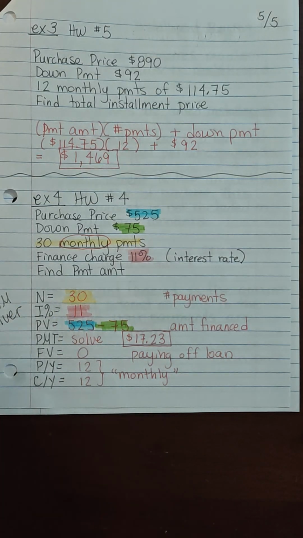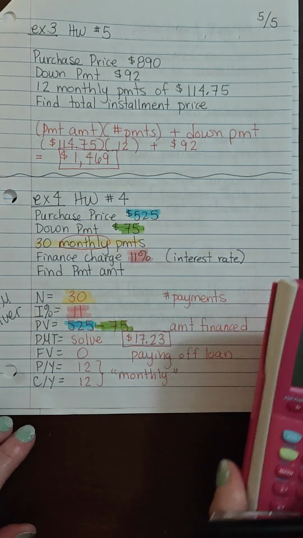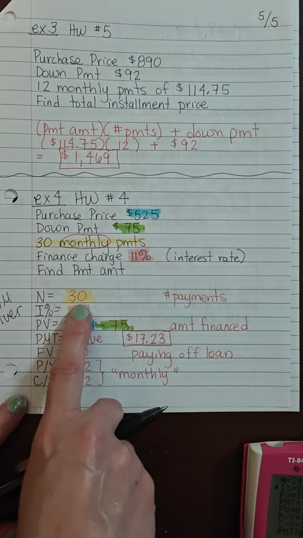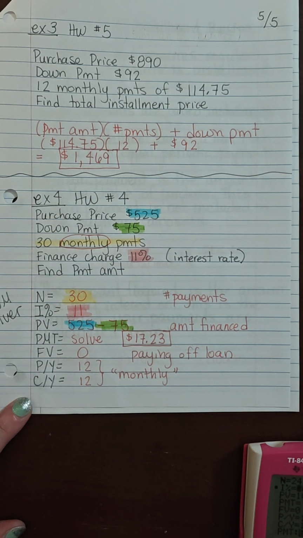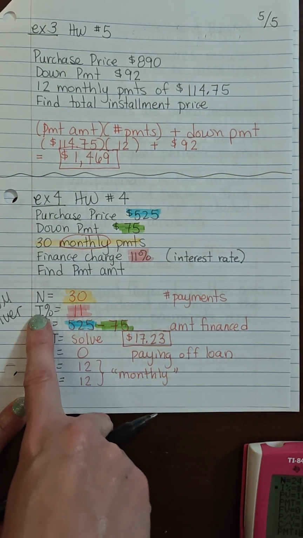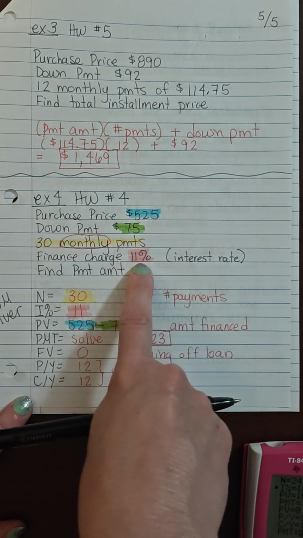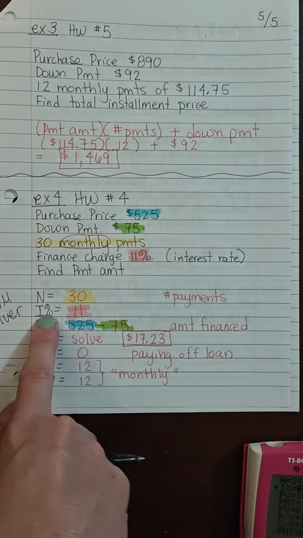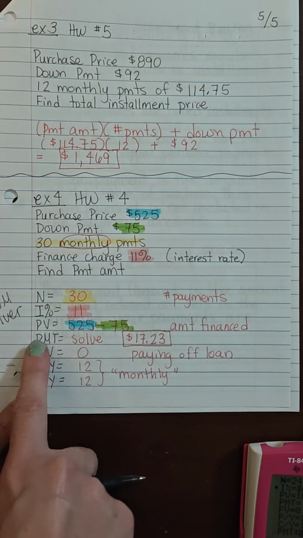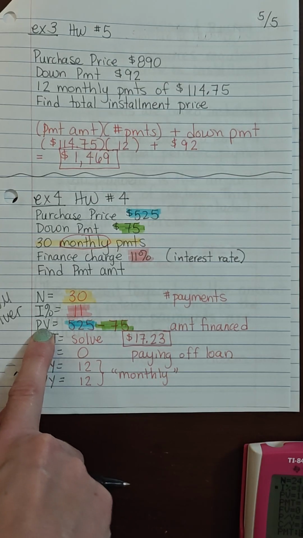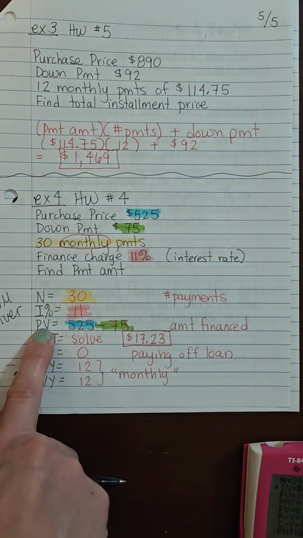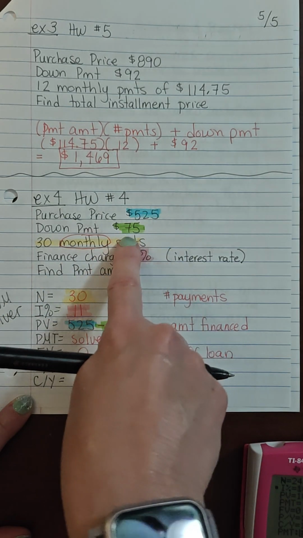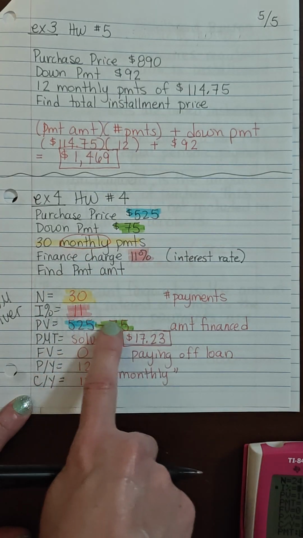Now, here's your TVM solver. Remember, N is your number of payments. It told me right here, 30 monthly payments. The interest rate is right here, 11%. Remember, we can leave it as a percent. You don't have to change it to a decimal. This is my amount financed, or my loan amount. This is the purchase price minus the down payment.